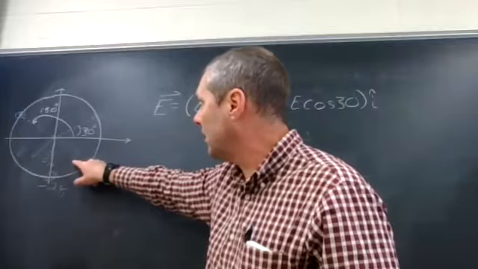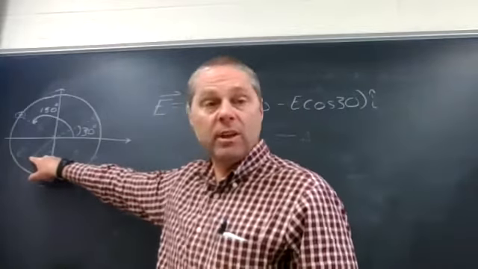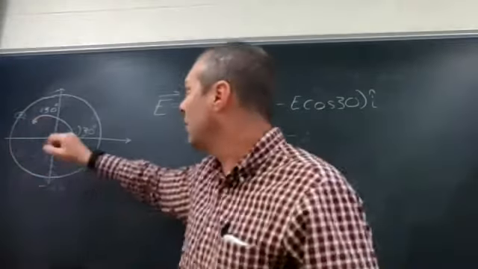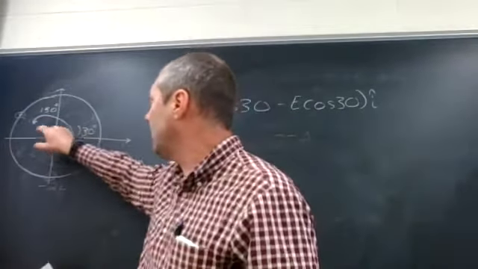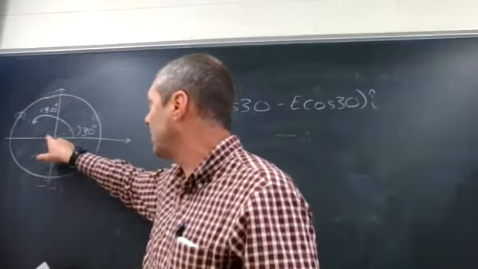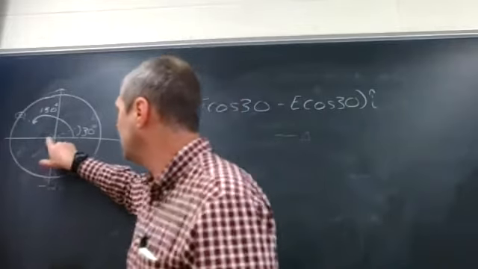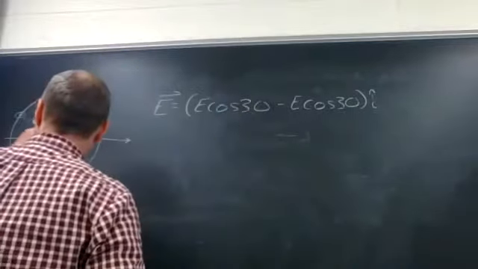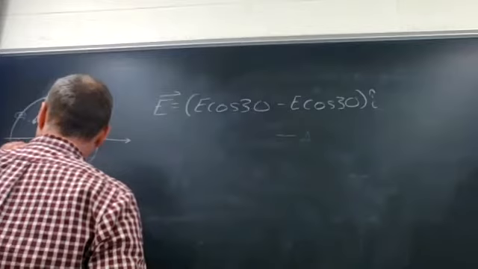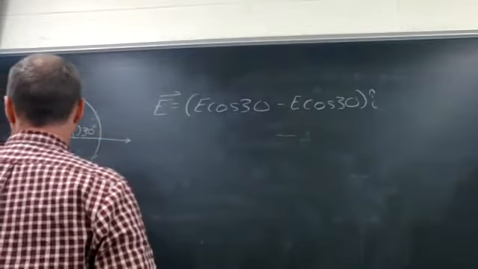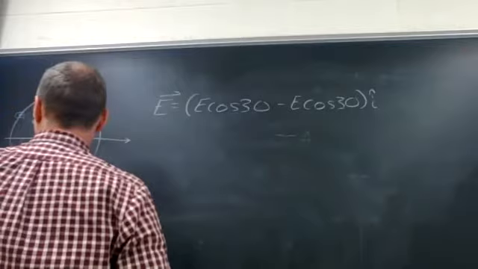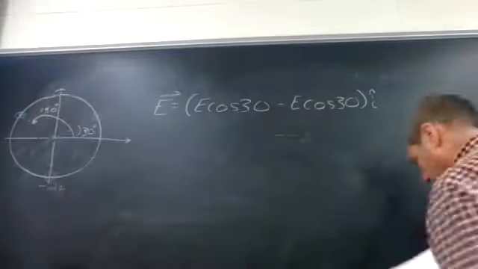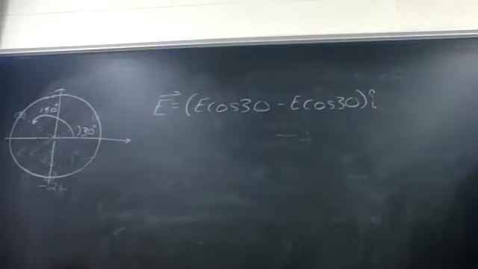The horizontal component of this vector is equal in magnitude to the horizontal component of that vector, but in the opposite direction. The reason is this angle is 30 degrees, and this is really 30 degrees. So those are going to be equal to 0. They're going to cancel themselves out.